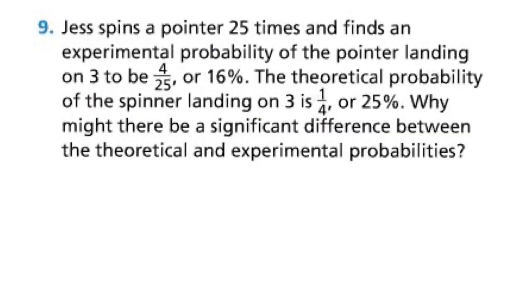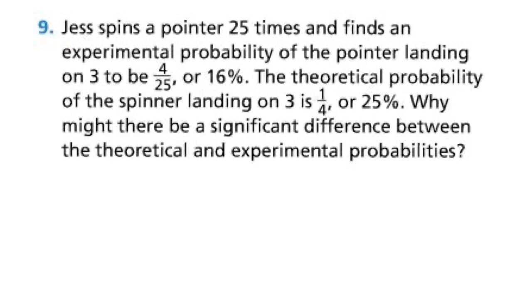Question 9. Jess spins a pointer 25 times and finds an experimental probability of the pointer landing on 3 to be 4 out of 25, or 16%. The theoretical probability of the spinner landing on 3 is 1 out of 4, or 25%. Why might there be a significant difference between the theoretical and experimental probabilities?